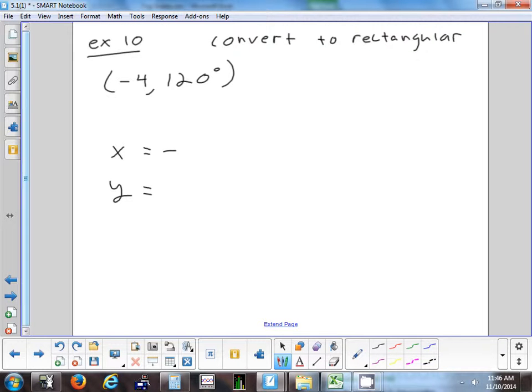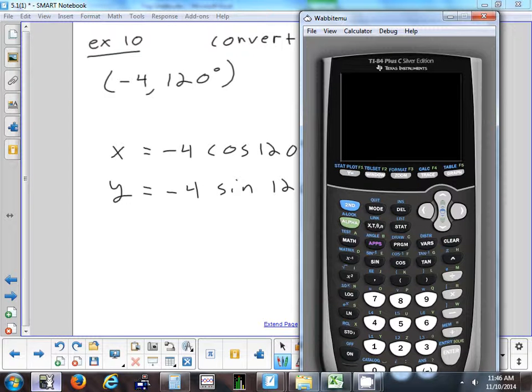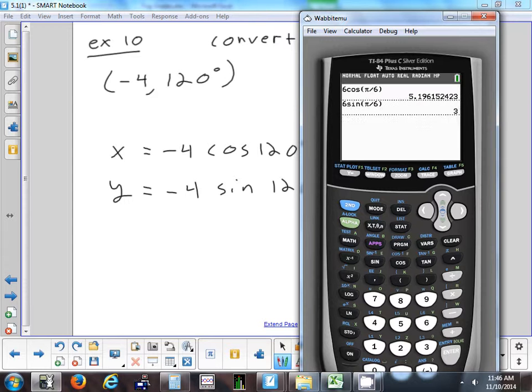Good. -4 cosine 120. Okay, we'll do it out in a second. And how about to find y? Yep, -4 sine 120. Okay, just type them in. For this section, you can round to 2 decimal places, that's fine. Because when you're graphing, by hand you can't even graph better than like a 1/10.